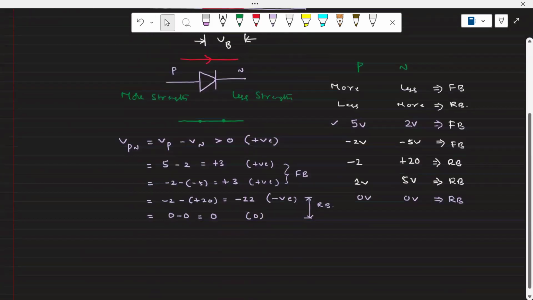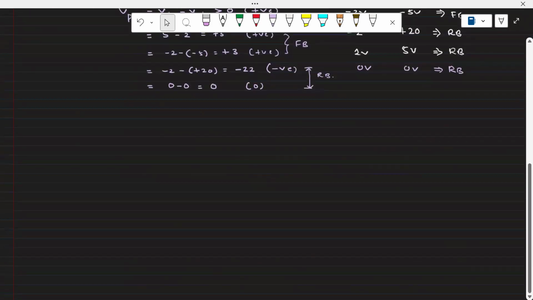Okay, right. Now let us look at the physical structure of MOSFET.